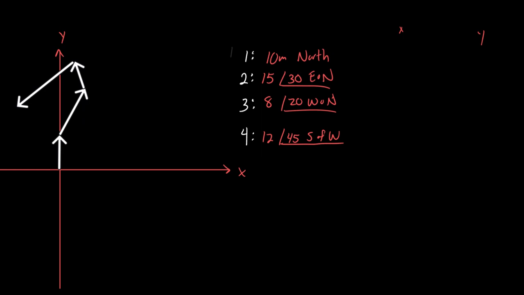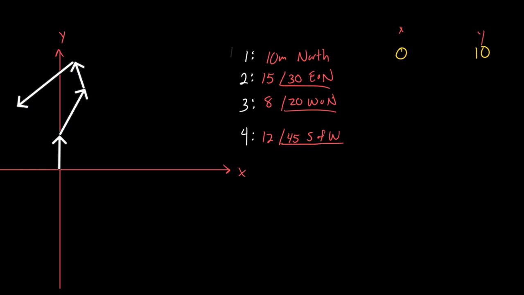There are my 4 vectors. Now, I don't see me having to do any work for the first vector since it's due north. I'm going to say it's 0 in the x and 10 due north. Is that all right with all of you? All right. Well, I have 3 others that I'm going to have to do.